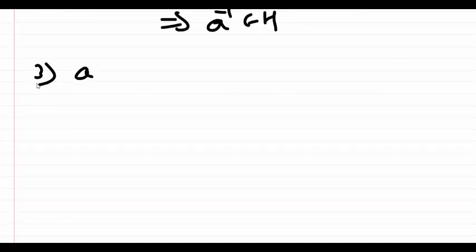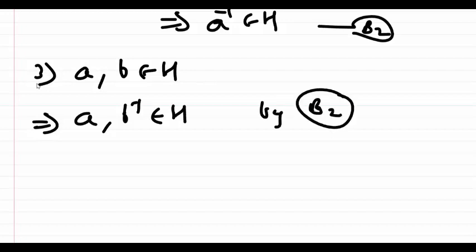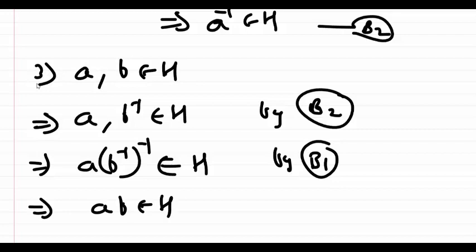We say this is B2. So by B2, inverse of b, that means b inverse, exists. So a b inverse belongs to H by B1. That means a b belongs to H. In this way we satisfy the closure property.